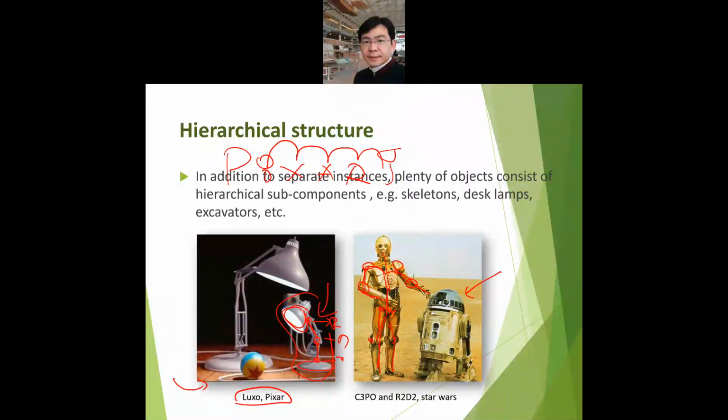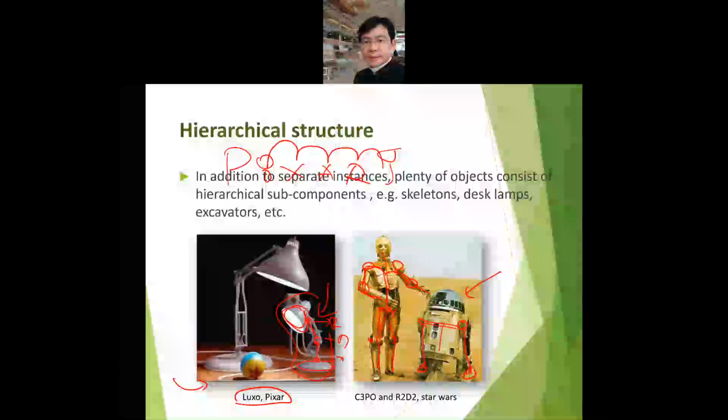Even this robot that looks like a trash can, a famous one called R2D2, right? It is also a hierarchy structure because we have some joints here, a skeleton here, and another joint. So this is a rigid body, but we have a joint here, right? In a lot of cases we have to use this kind of joint and bone to represent an object.